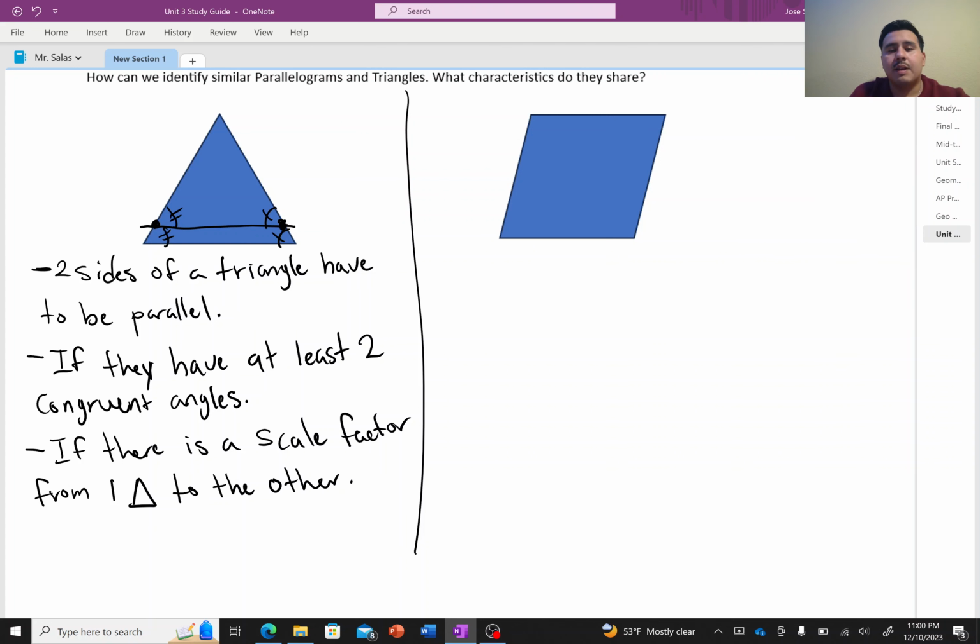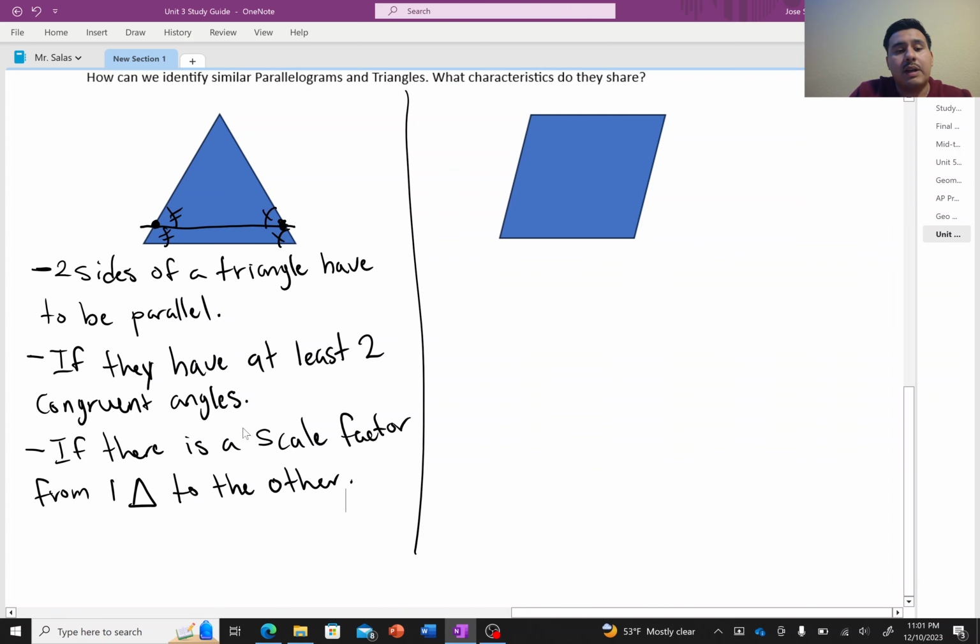Okay. So those were the three ways that we were able to identify if triangles are similar or not similar, right? So if they didn't meet any of these three criteria, then they would not be similar. But if they at least had one of them, then they would be similar.